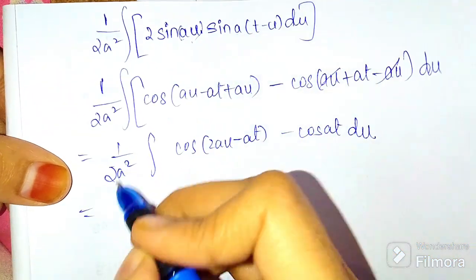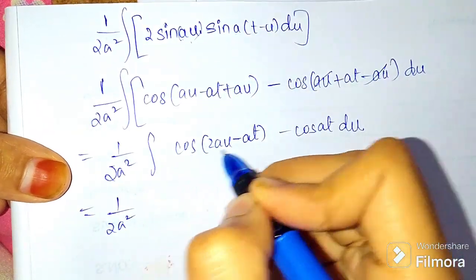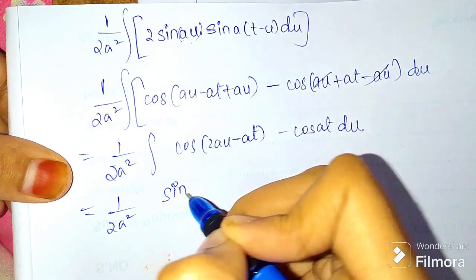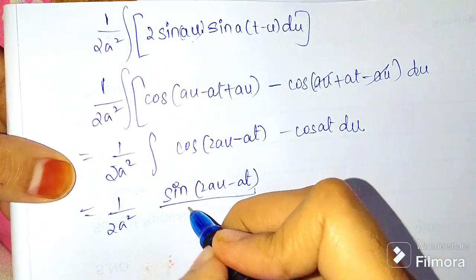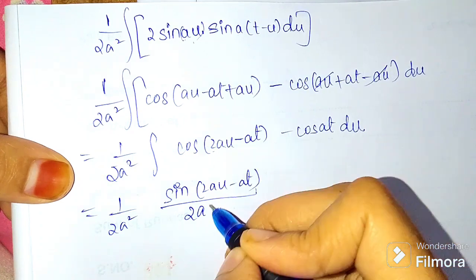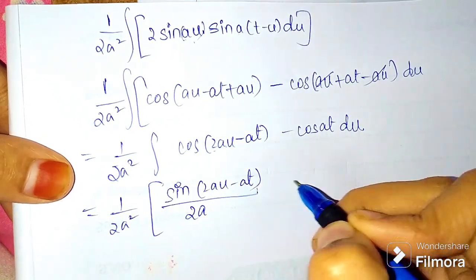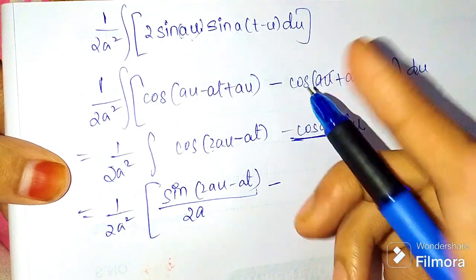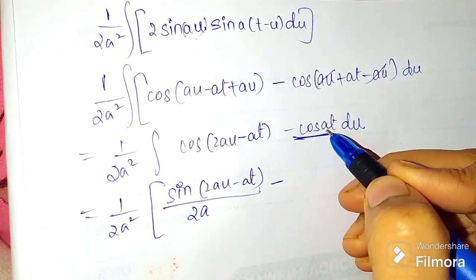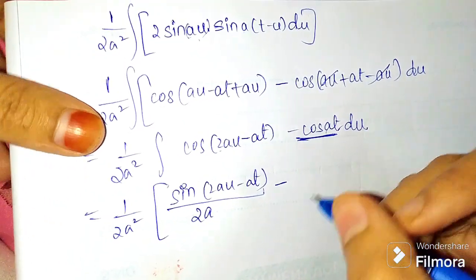So now we have to integrate. What is this? Sine 2AU minus AT. Here A and T are constants, so only we'll get 2A in the derivative. Minus this whole term is constant. Don't write sin AT by something like that. A is constant, T is constant, so cos AT is also constant.